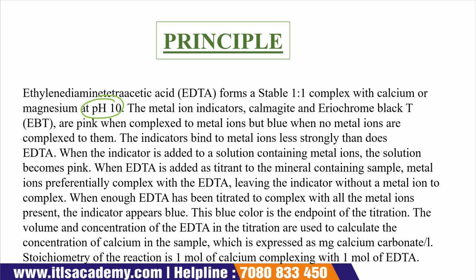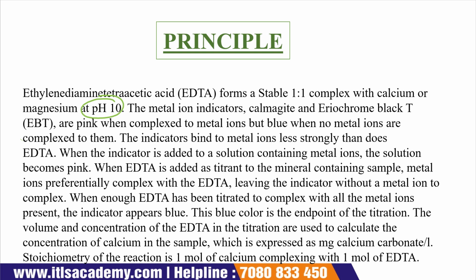Now when we add this indicator into a solution in which metal ions are present, the solution becomes pink. And when we titrate EDTA into the mineral-containing sample, the minerals preferentially complex with the EDTA and leave the indicator without metal ions in the complex.